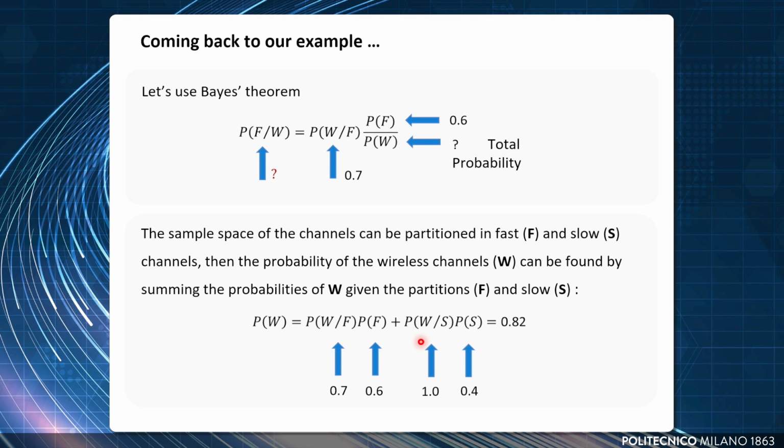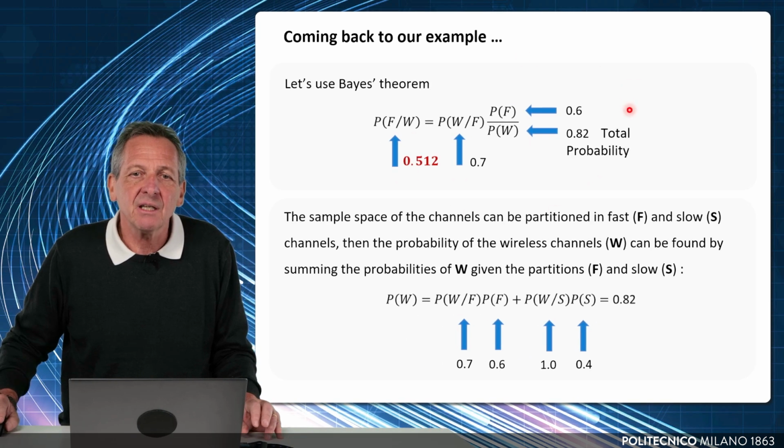The probability to get a wireless channel, given that the channel is slow, is 1, because we know from the problem that all the slow channels are wireless, and the probability of a slow channel is 0.4. We compute this and we get 0.82. We substitute this number in our original equation, and we find our result. I repeat, this result cannot be computed easily without the exploitation of the Bayes' theorem.